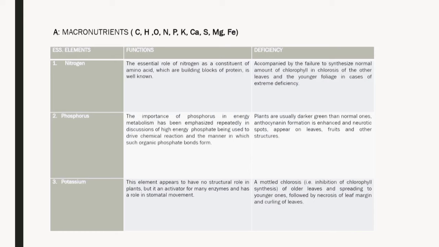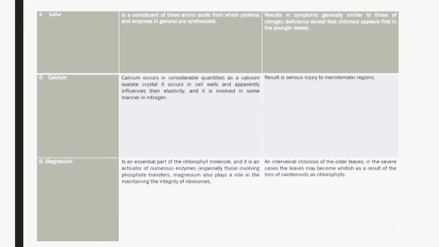For potassium deficiency, a mottled chlorosis, that is, inhibition of chlorophyll synthesis, appears in older leaves and spreads to younger ones, followed by necrosis of the leaf margin and curling of leaves. Fourth, sulfur. Sulfur is a constituent of three amino acids from which proteins and enzymes in general are synthesized.